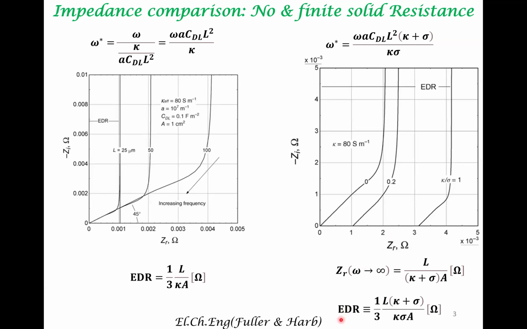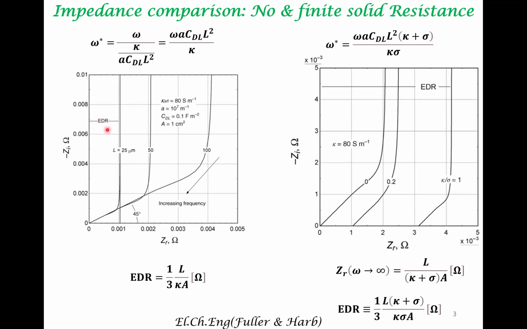And the equivalent distributed resistance, which is shown here, also takes up this value. As omega becomes less than the cutoff, these curves asymptotically reach a particular value for the real part of impedance.